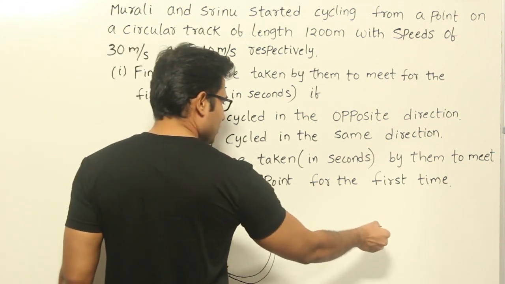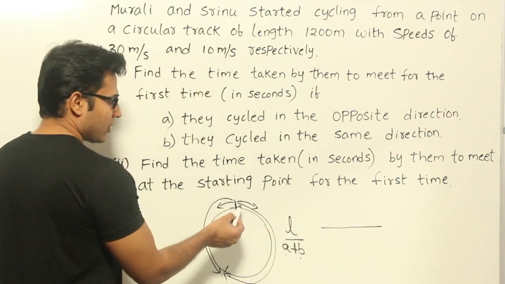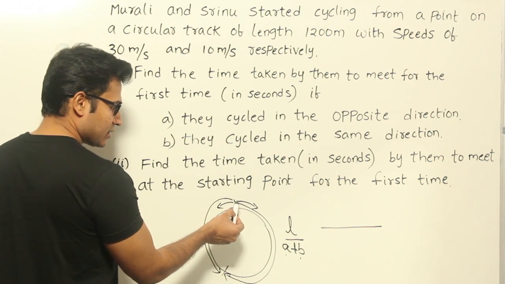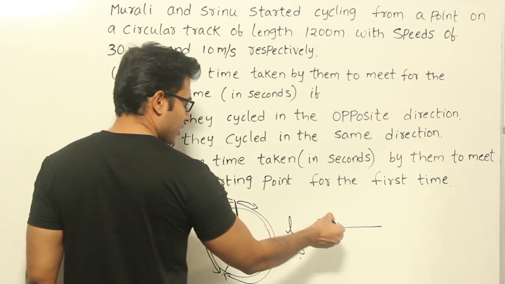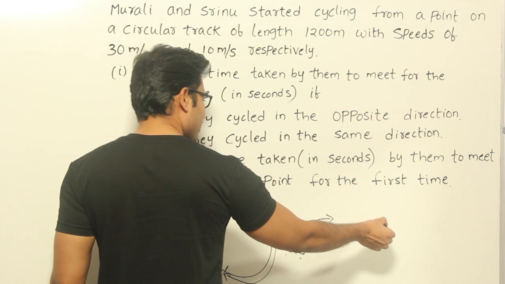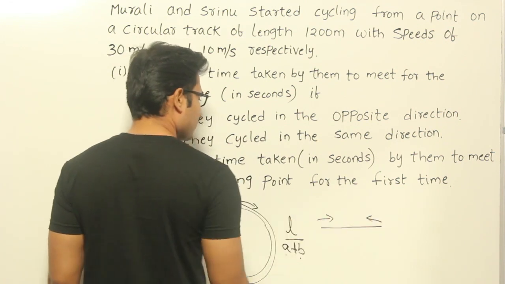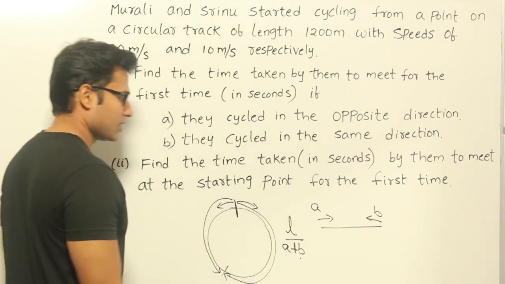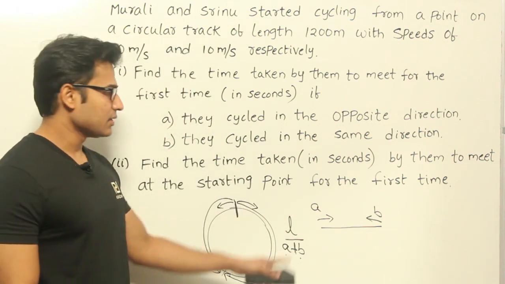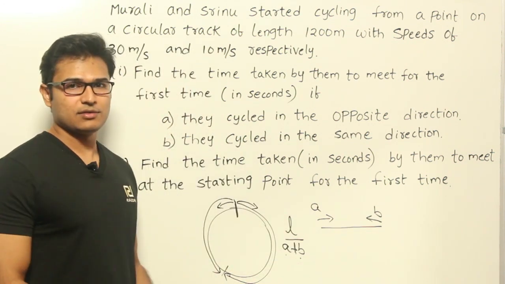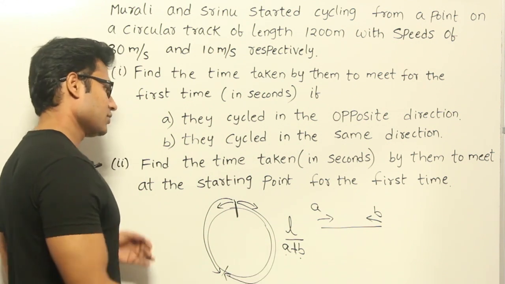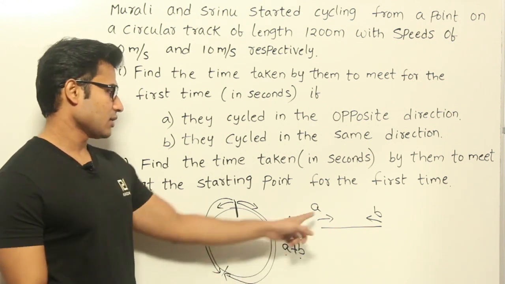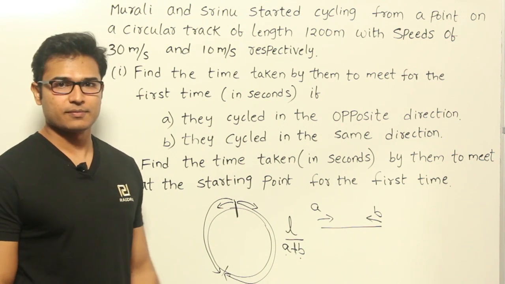Now you can understand that one person is starting from here and running in this direction, and the other person is starting from here and running in this direction. One is running with a velocity of A and the other with a velocity of B. Then it is the same as we have seen, that two bodies are moving in the opposite direction, and so we use the relative speed A plus B.